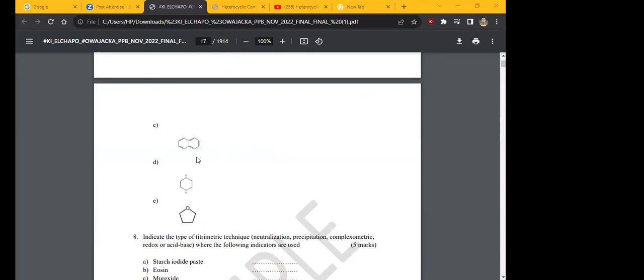Then the next one, piperazine. And then E, dioxane. Nice.